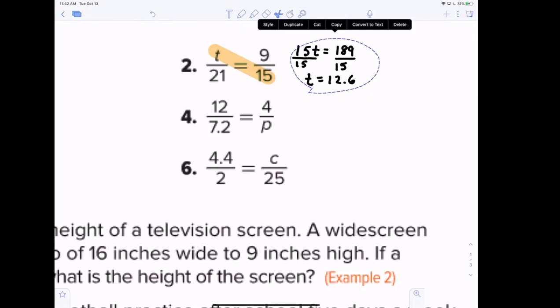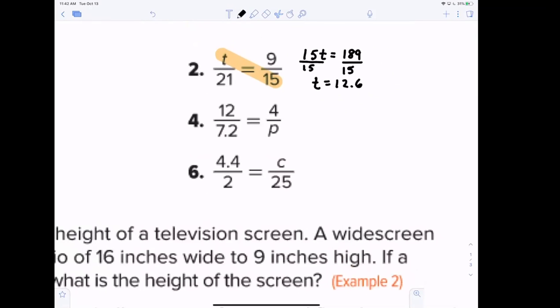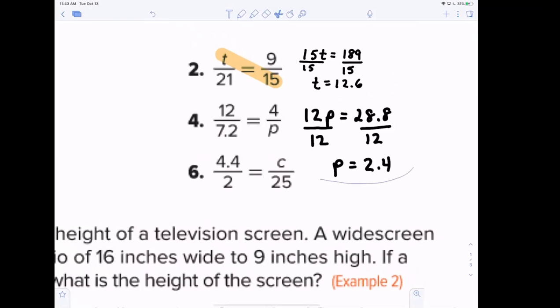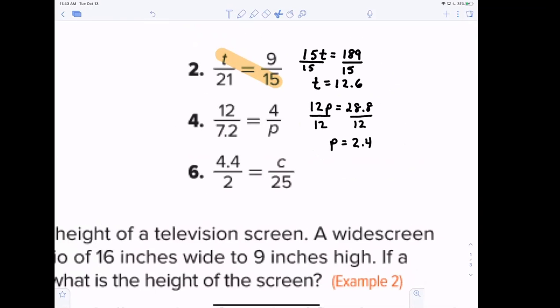Which is? Okay. And then what? Good job. All right, I think that's pretty easy.